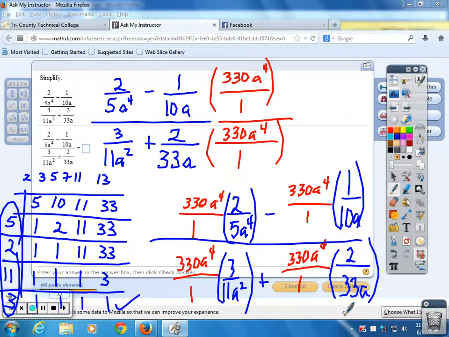Now the good thing about using this is you don't need a calculator to do any of it. Let me show you. A to the 4th. What happens to the a to the 4th? They cancel. So a to the 4th cancel there and there. 2 times 330. Well, that's easy. That's what? 660.